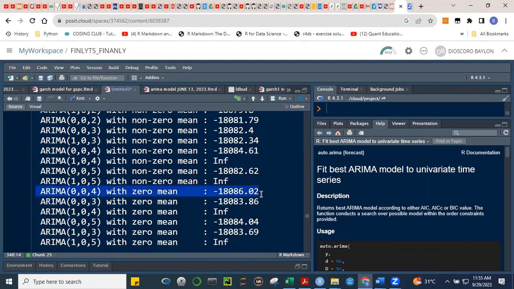There is ARIMA 004 with non-zero mean, meaning there's a mean value. 18084. This other one is 18086, which is lower compared to the ARIMA with non-zero mean. So R suggests that we use this model, ARMA 004.